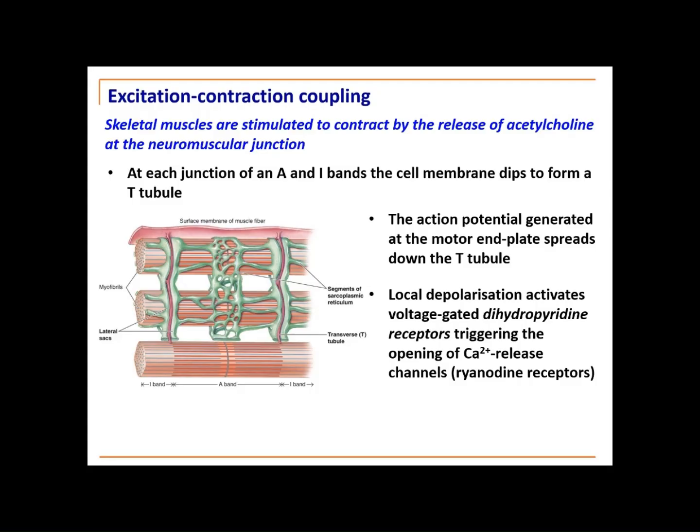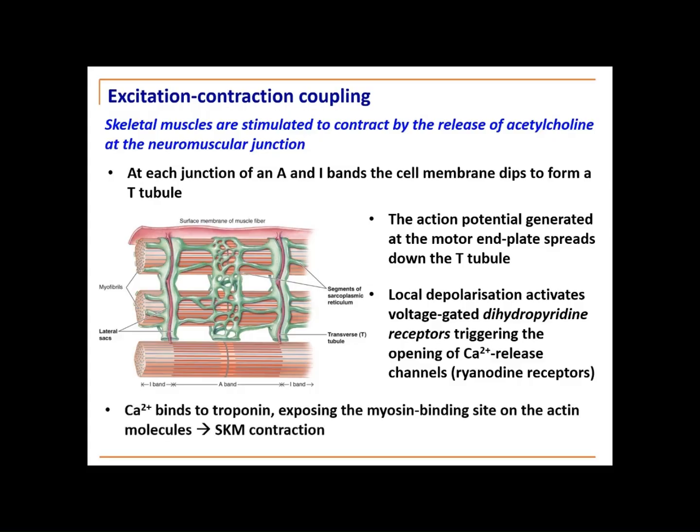And so when you activate these calcium channels, you get calcium being released into the cytoplasm. And as we've talked about, we then get an increase in the calcium levels. That combines to the troponin complex. That therefore moves tropomyosin to the side, and that exposes the myosin binding site on the actin molecule, eventually going on to lead to skeletal muscle contraction, as we've just been talking about.